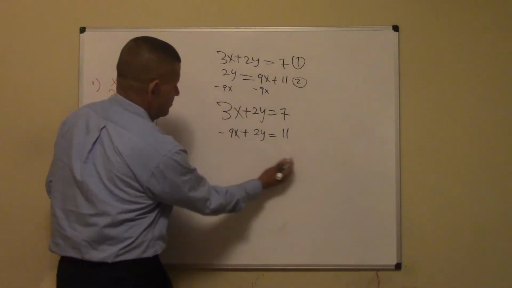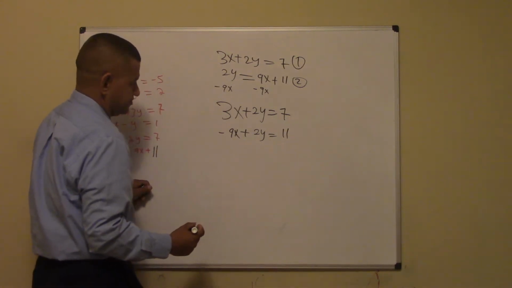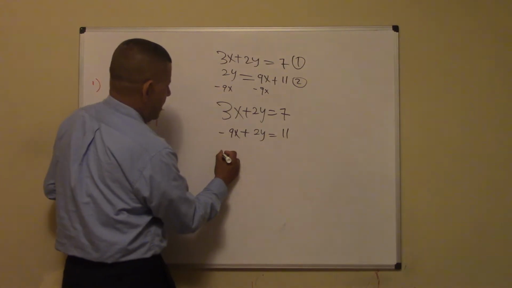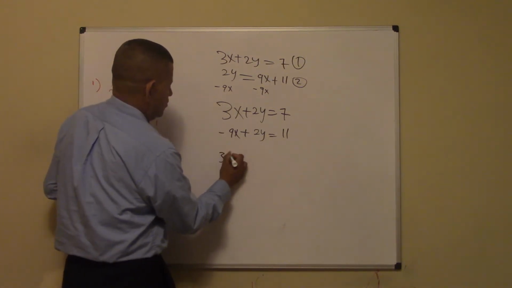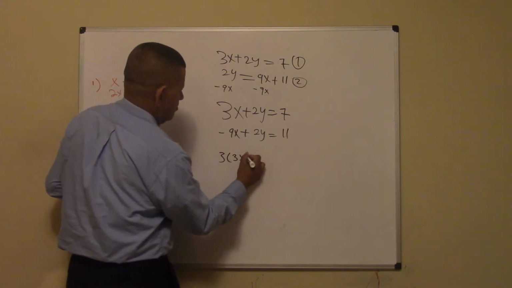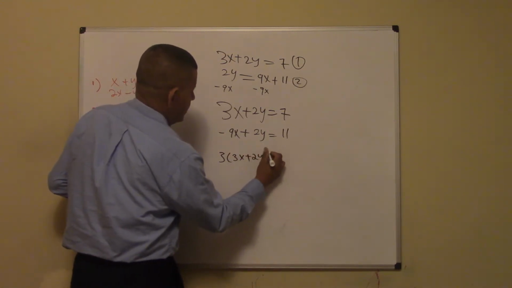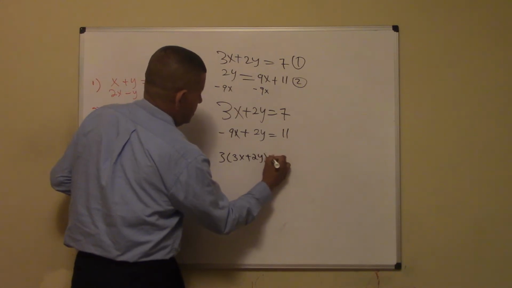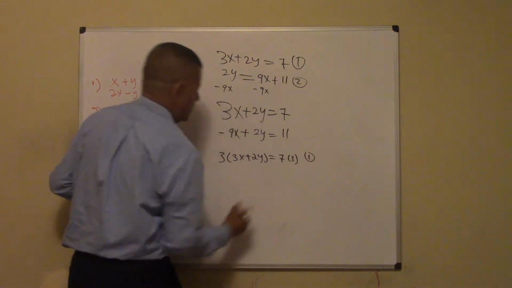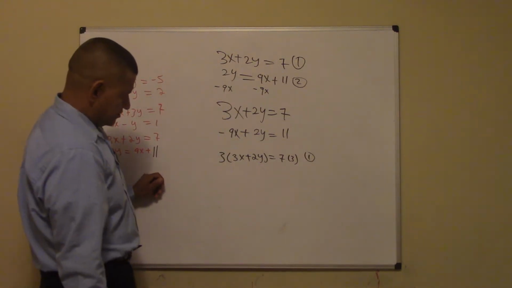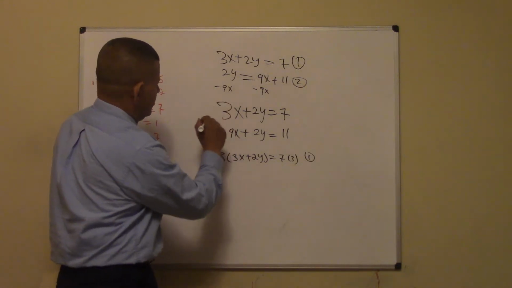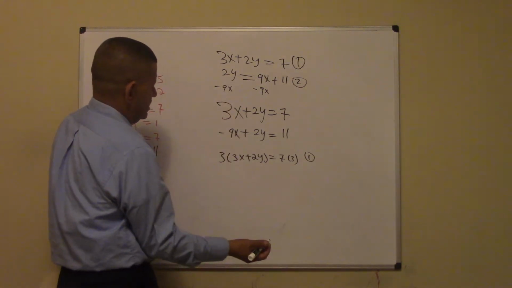Okay, so let me multiply equation number 1 by 3. So 3 times 3x plus 2y equal to 7 times 3. And equation number 2 stays the same.